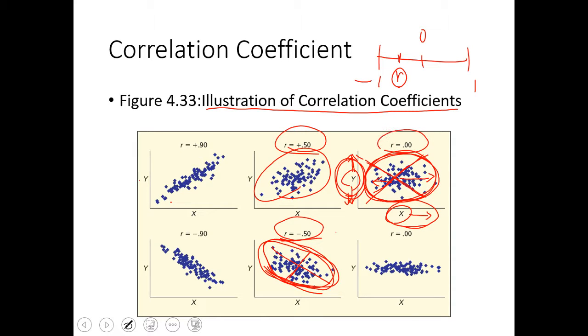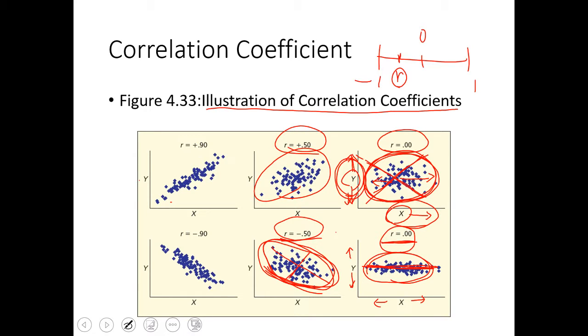In this case, the correlation coefficient is almost 0. In this case, also x goes up or down, but y has no direction. So in this case, the correlation coefficient would be around 0.